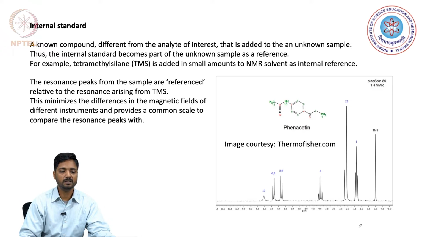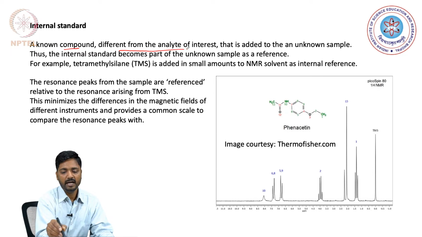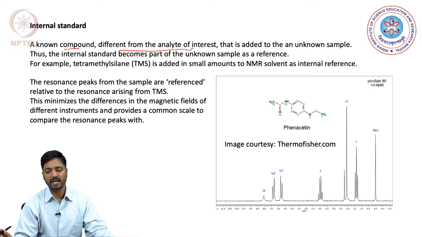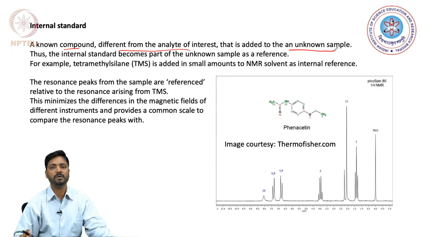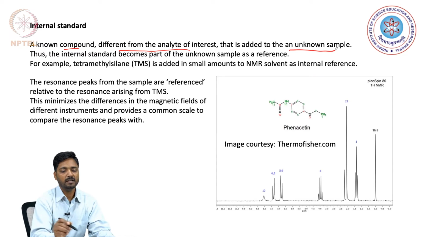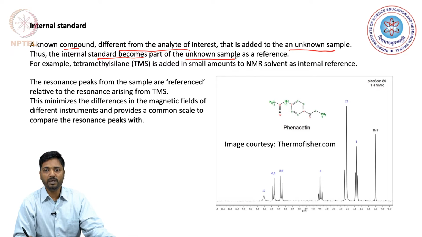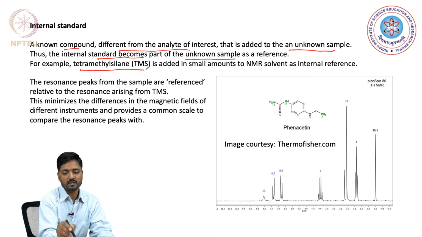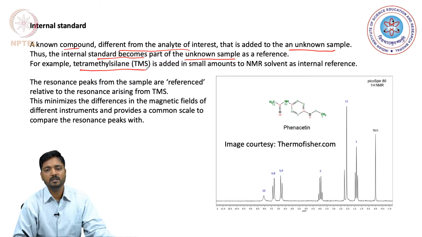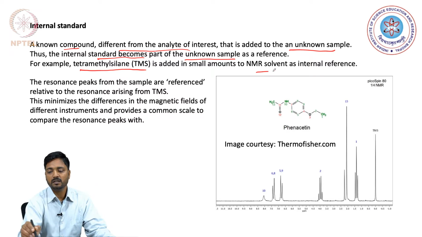An internal standard is a known compound. It is different from the analyte of our interest, and it is added to an unknown sample as a reference material. So, in other words, the internal standard becomes part of the unknown sample as a reference. A very common example for an internal standard is tetramethylsilane, which is abbreviated as TMS, which is added in small amounts to NMR solvents as an internal reference.